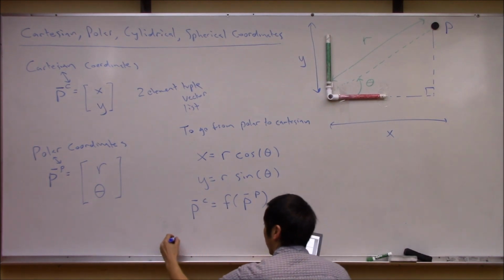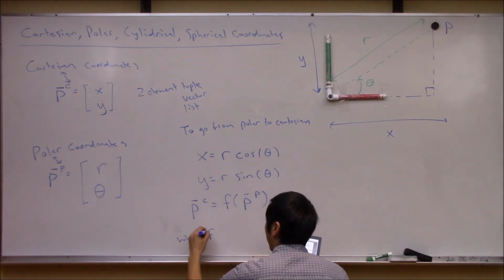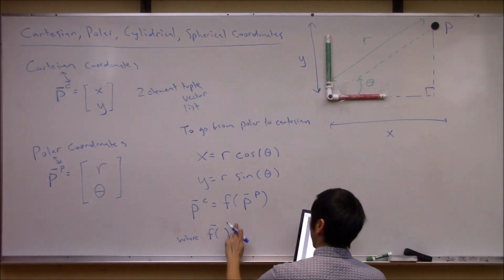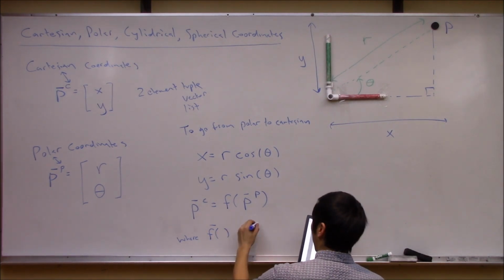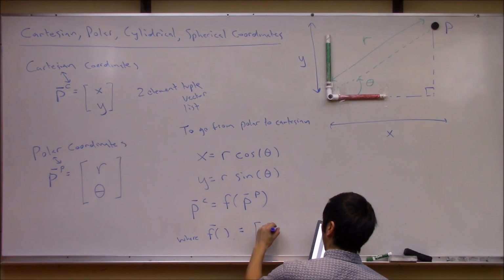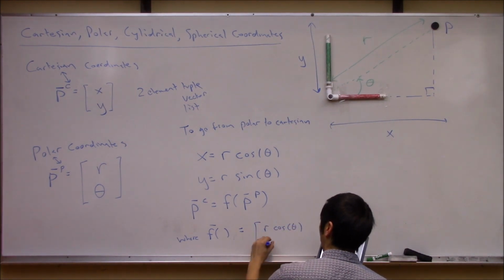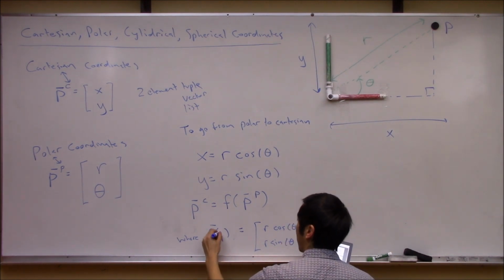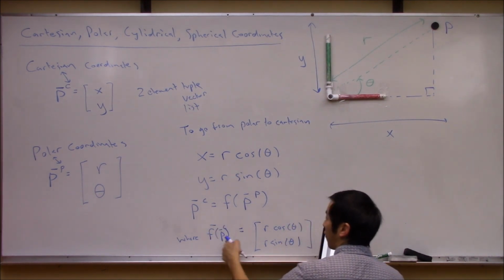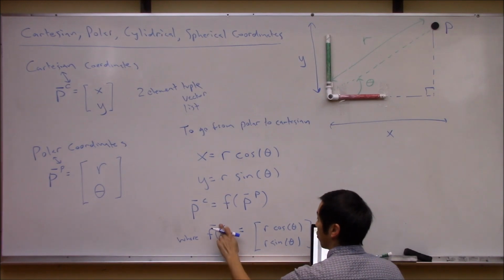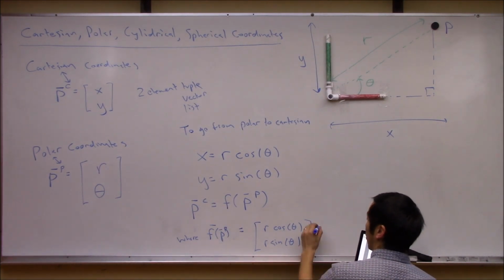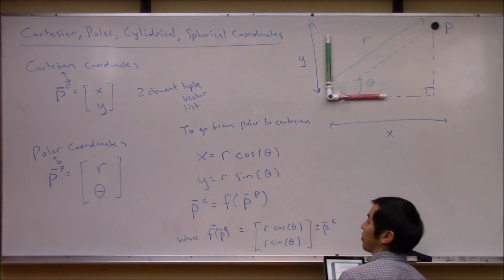So in this case, f is basically r cosine theta, r sine theta, right? So if you give this function f a coordinate in the polar system, this is going to return a point in the Cartesian system here, right? So it's a very simple mapping, okay?